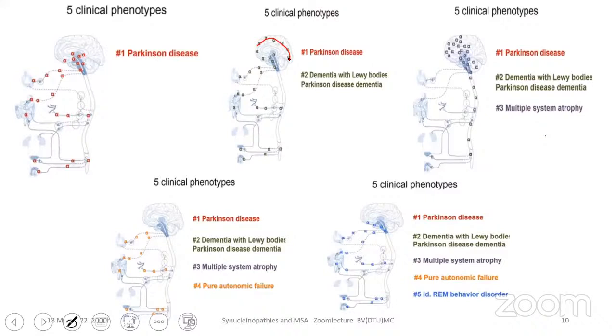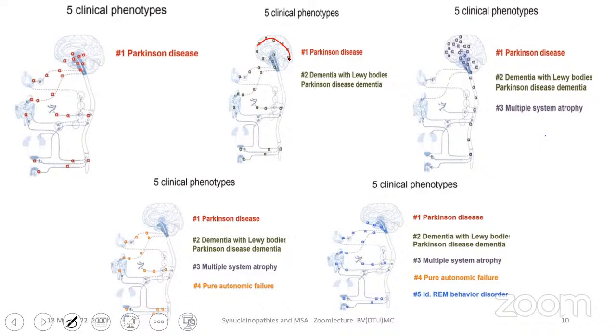And in multiple system atrophy, peripheral structures are not involved, so the MIBG scan is normal. It is only in the spinal cord and the brain. The alpha synuclein precipitation in glial cytoplasmic inclusions is seen only in these areas. The other is pure autonomic failure, where it is present only in the peripheral nervous system.